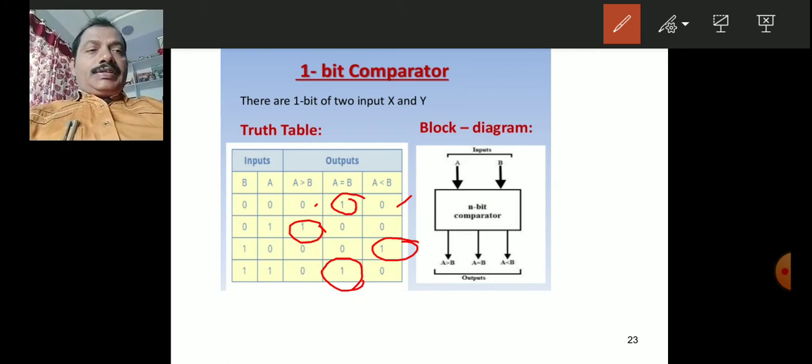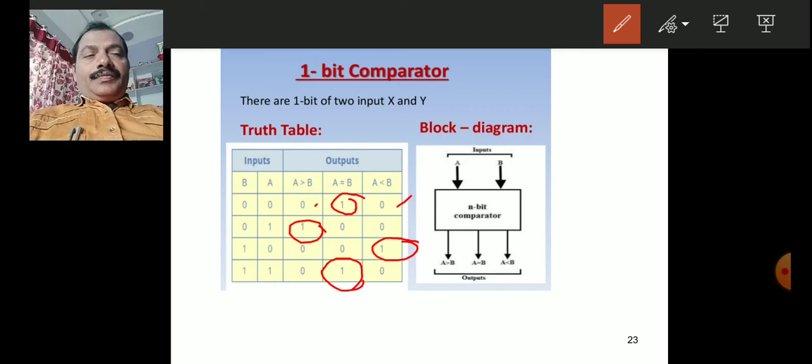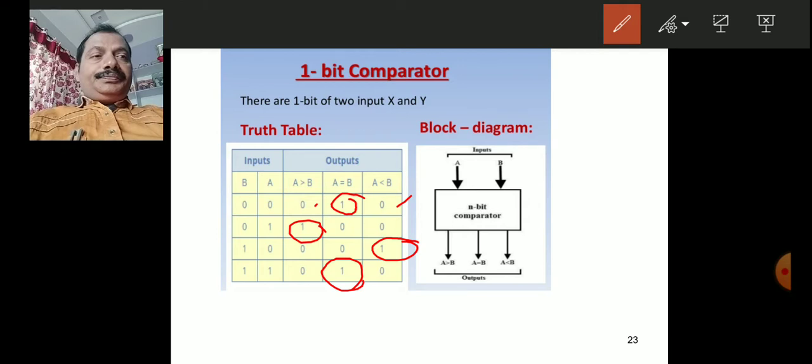Once the truth table is available, what you have to write? You have to write the sum of products expression for each output.